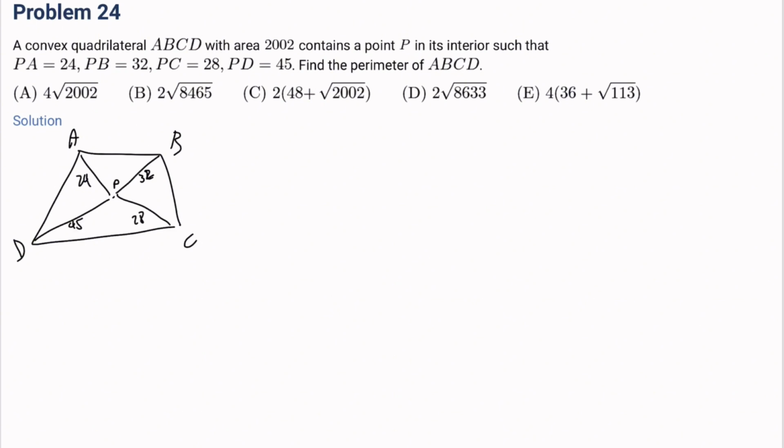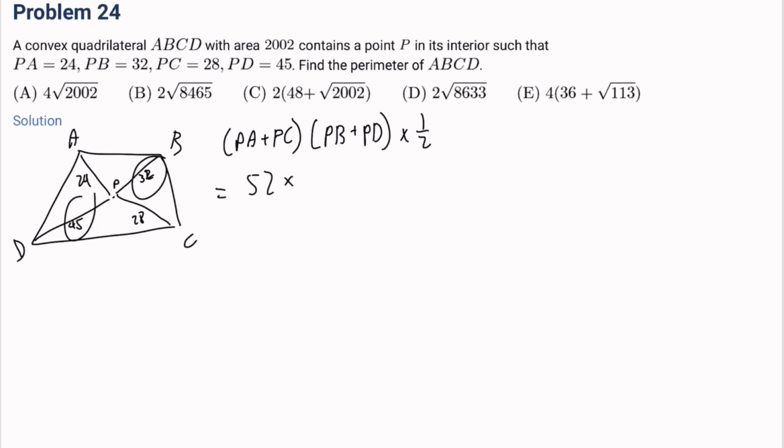First of all, let's try PA plus PC times PB plus PD, and then multiply by half. That's going to be 24 plus 28, which is 52, times PB plus PD, which is 77, and then times 1/2.